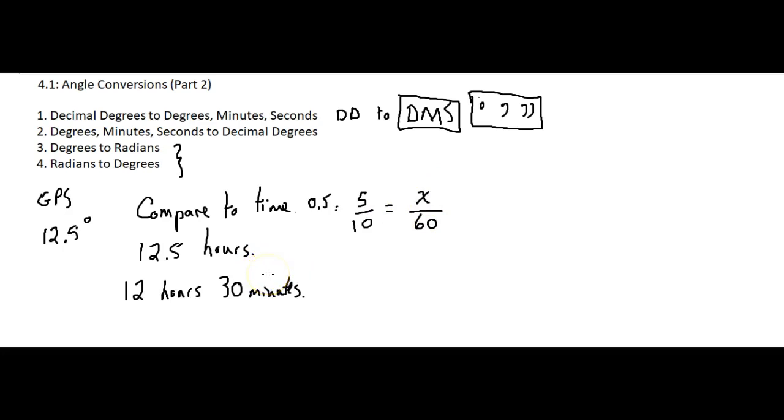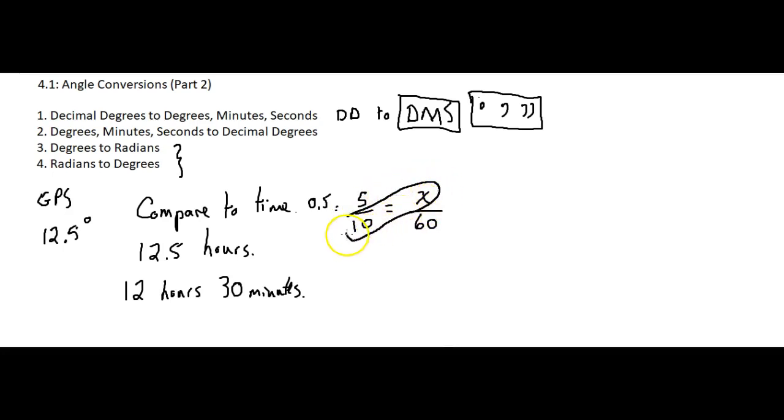So I've set up a proportion with equal fractions, and we just want to know what denominator over 60 is equal to 5/10ths, or 1/2. And you already know that that's 30, but let me just show you how you could figure this out if it wasn't so obvious.